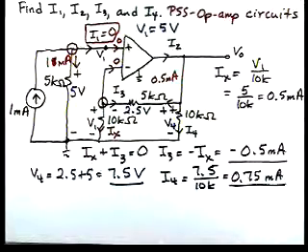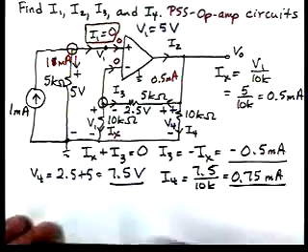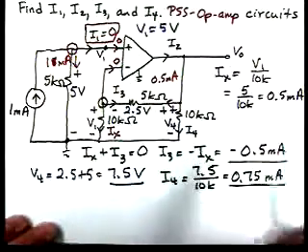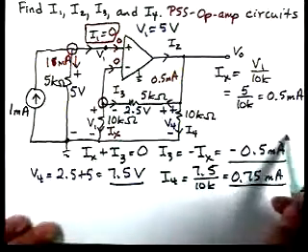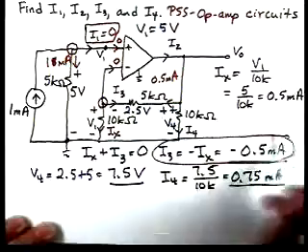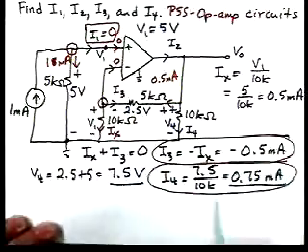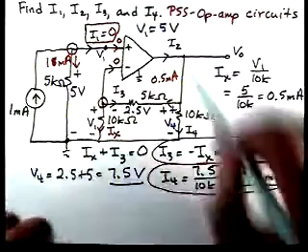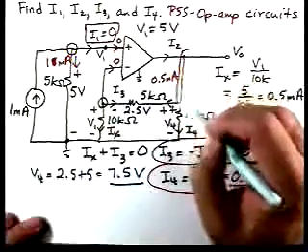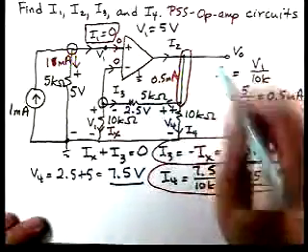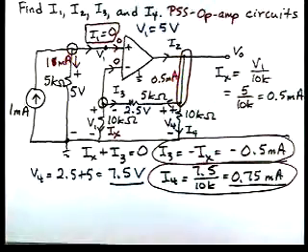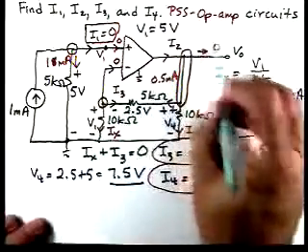And then to find I2, so now we have I1, and we have I3, we have I4, so now we need to find I2, and we can apply Kirchhoff's current law to that one node. So now this current is 0.